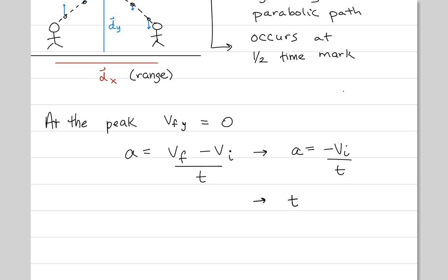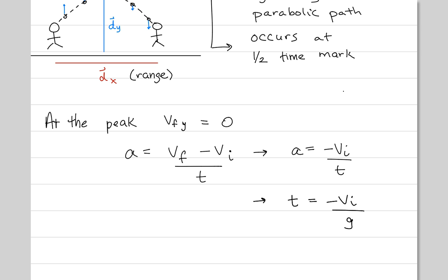And t will equal negative VI over a, but a, of course, is just g. So all I did was cross multiply with the t and the a. And we know that a is gravity, so I just put that in there.